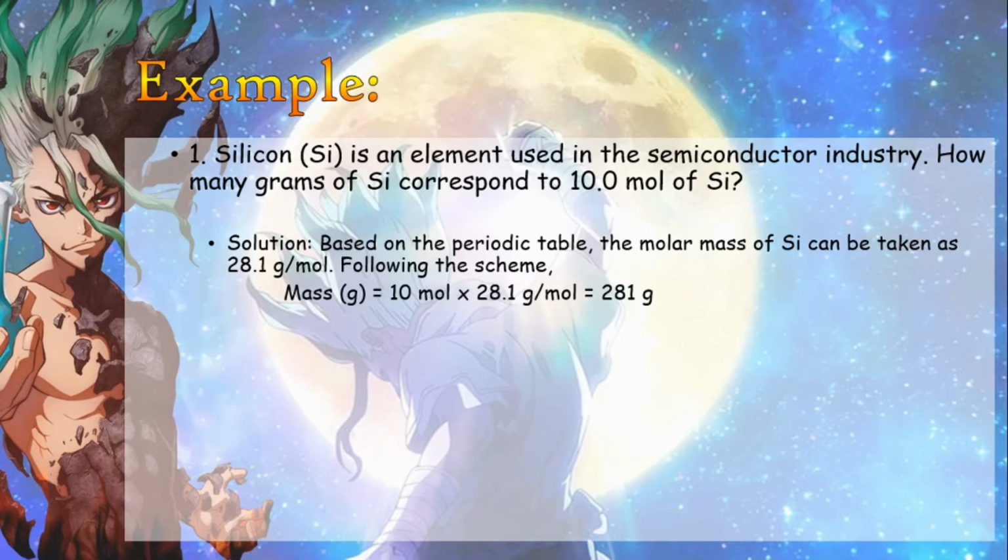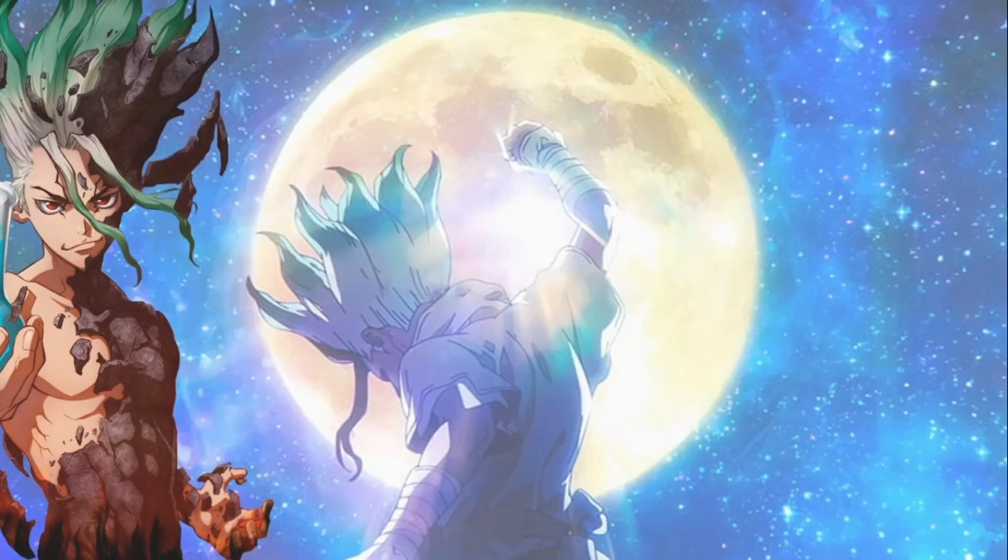Following the scheme, 10 moles times the molar mass of silicon, which is 28.1 grams per mole, you will get a product of 281 grams. So the answer is 10 moles of silicon have a mass of 281 grams.